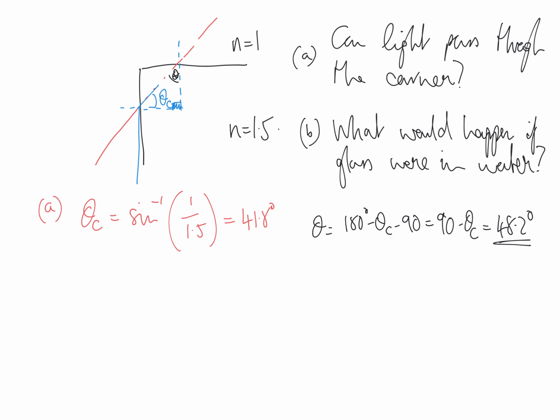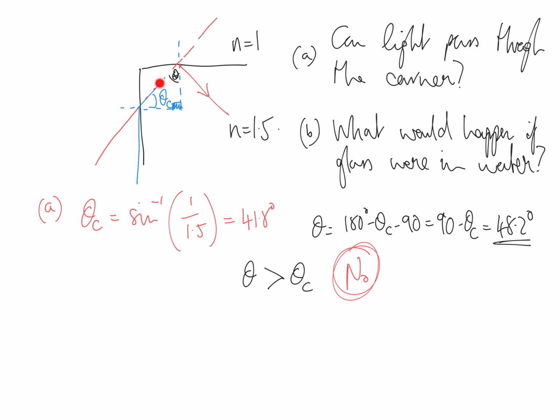Now, 48.2 degrees, theta is greater than theta critical. So what's going to happen is, in all cases, the light will bounce back. So the answer is simply no.